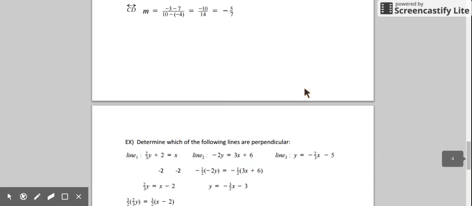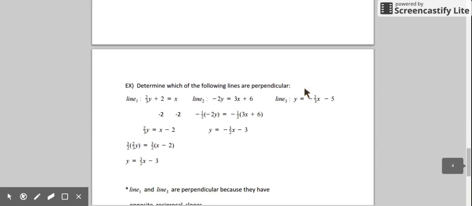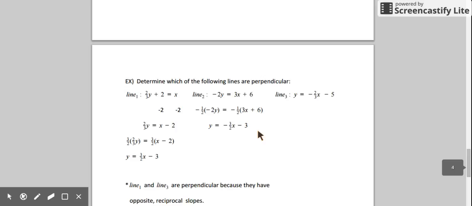One more time, let's take a look at equations and see if we can determine which of the equations here are perpendicular now. So now we're looking for opposite reciprocal slopes. And again, we're going to want to solve these equations, put them into slope-intercept form so that we can look at the slopes. So to do that with line 1, I'm going to subtract 2 from both sides.